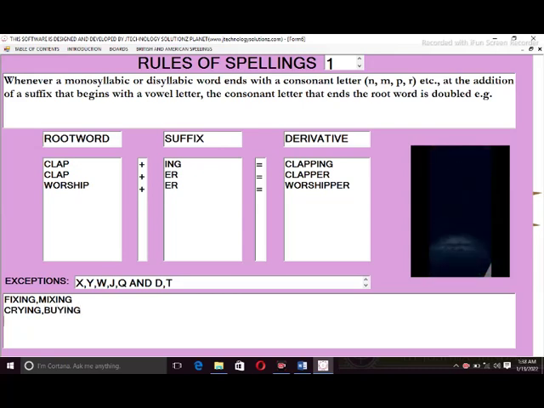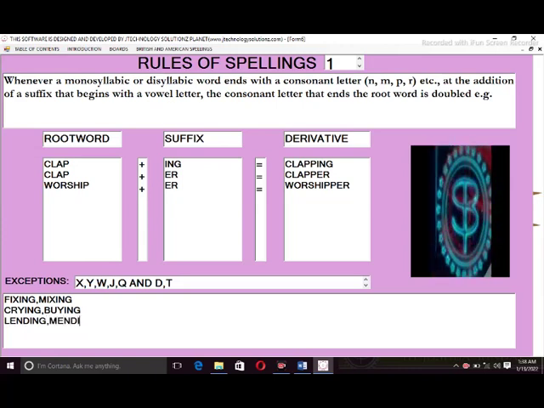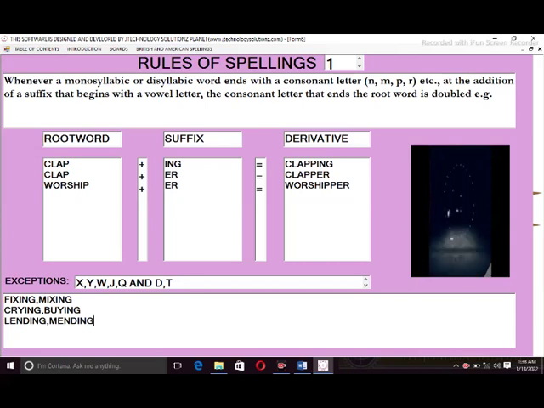And let's take D: lending, mending, etc. So most words ending with these letters are not doubled. So these are the exceptions to the rule.